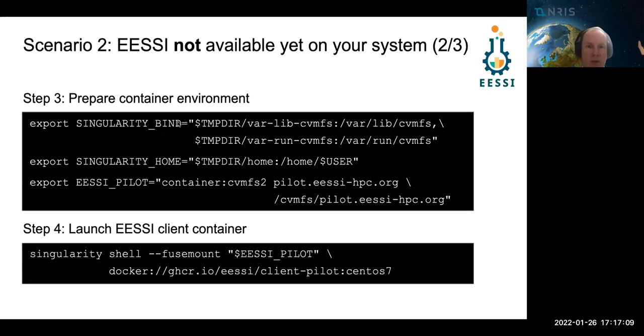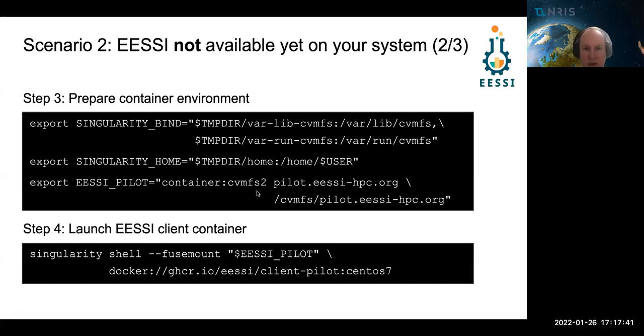You have to bind some directories. So CernVMFS stores some data in some /var directories that you have to provide, and then that's just for the home directory. You provide something in the temp directory also, and then this here is telling that the fuse mounter comes from the container.